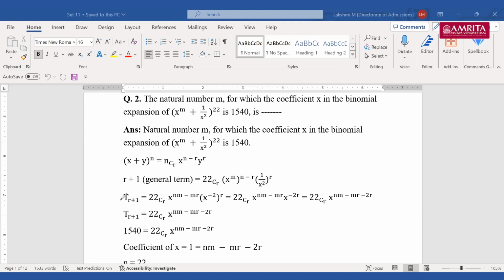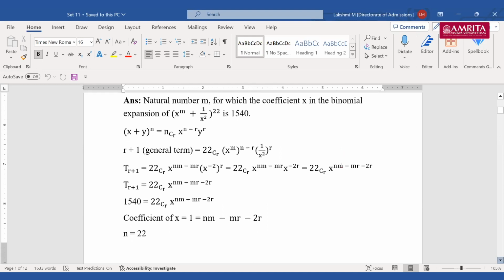So we have the general term, and whatever is given is the coefficient of x in the binomial expansion. The value is 1540, so you'll be able to equate this. The value is 22m minus mr minus 2r is equal to 1. If you're equating it, 1540 will be equal to 22Cr. So you will be able to find the value of r.